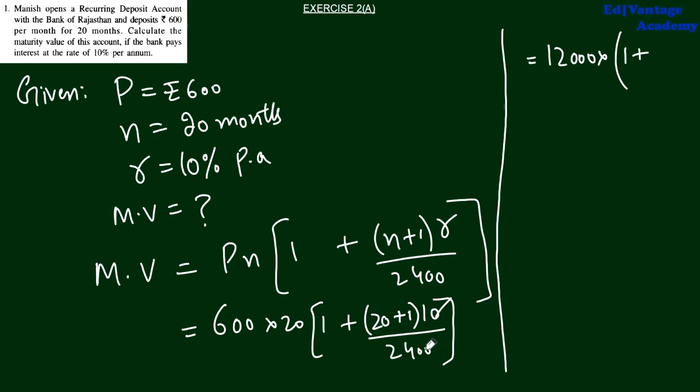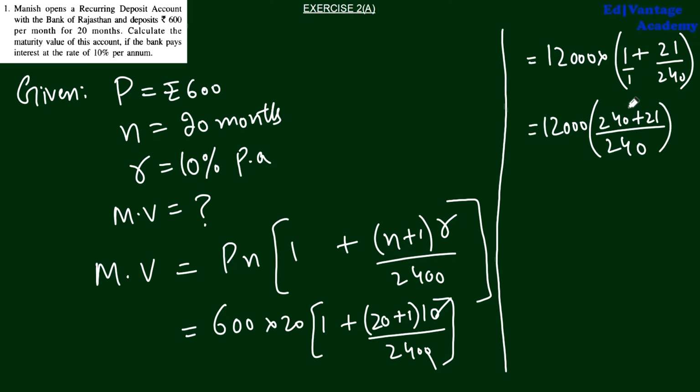I can cancel 10 and 10, so 21 by 240, right? Because here it is 20 plus 1, 21 into 1 is 21. So to 12,000, I need to take LCM here. 21 by 240 plus 1. When I take LCM, it comes 240. 240 plus 21 after taking LCM, right? The denominator of 1 is 1, so multiply by 240, multiply by 1.